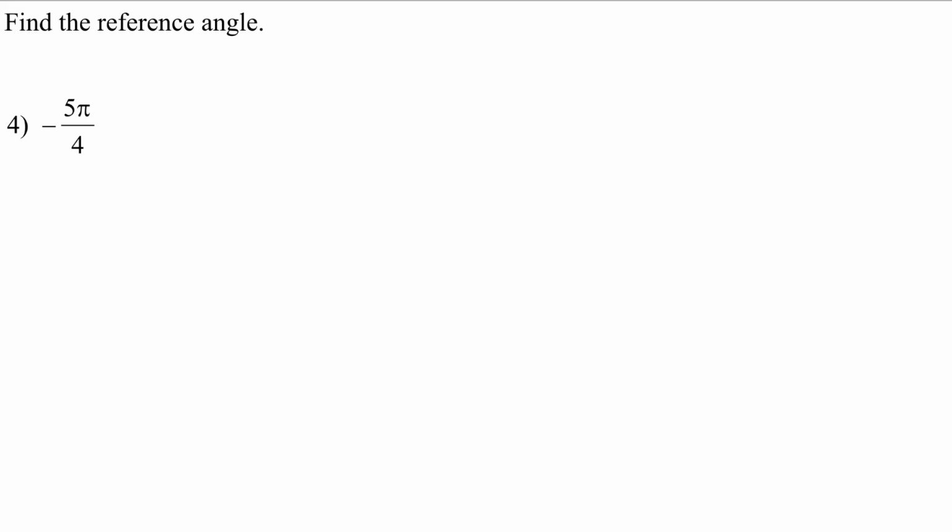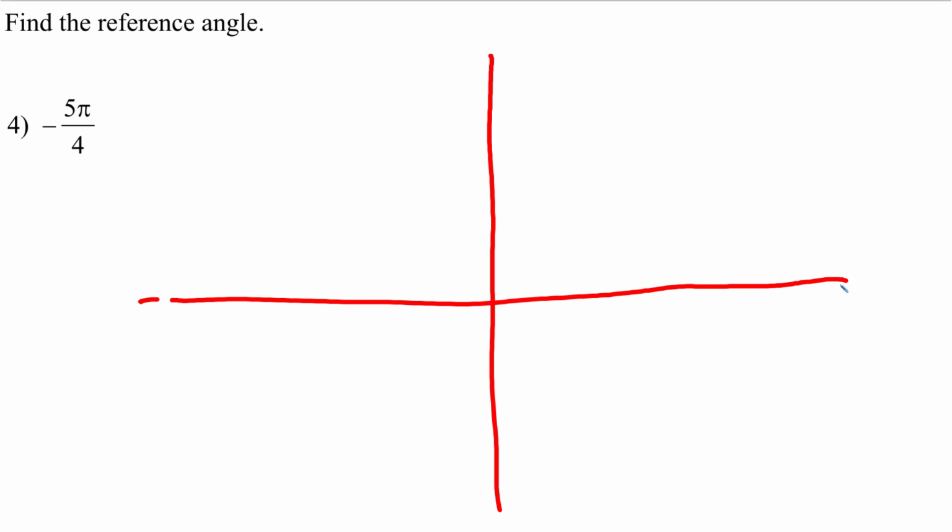Technically, you don't need to draw the diagram. You know that if 4 is in the denominator, we're going to be talking about a 45-degree angle. Is it very important to know which direction? No, because look, pi fourths is here.